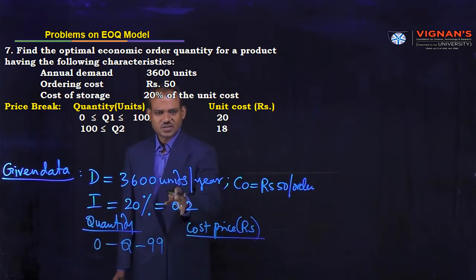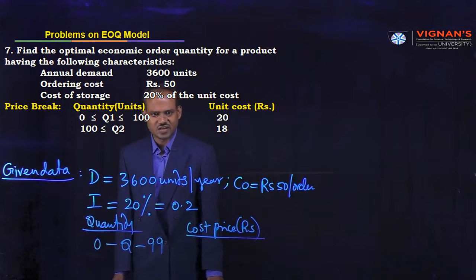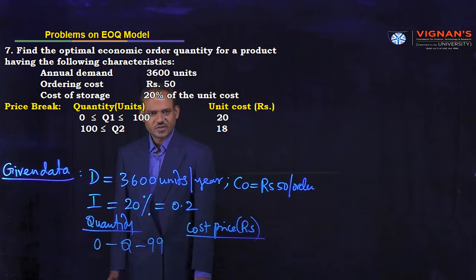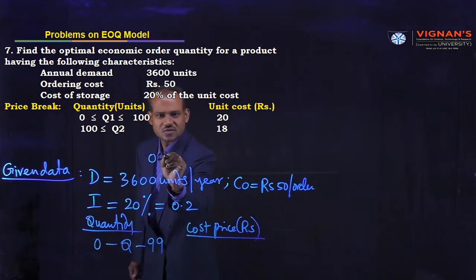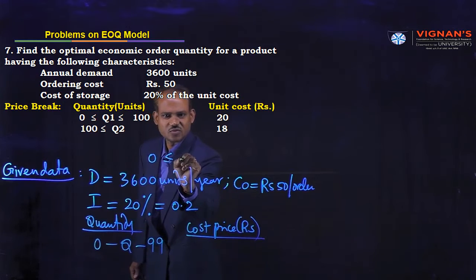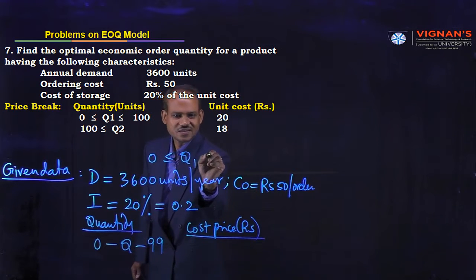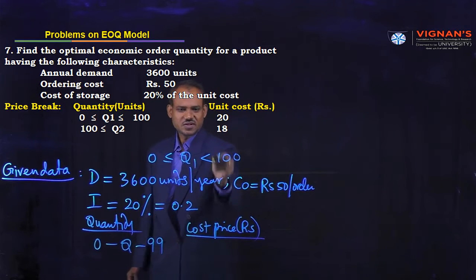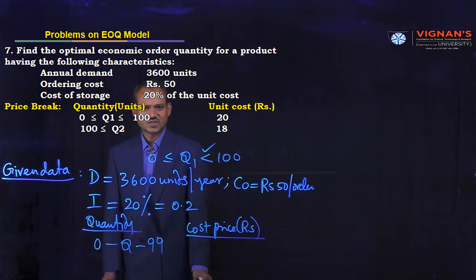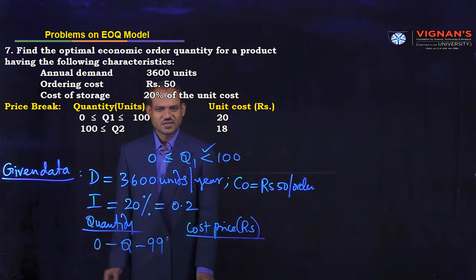That is a printing mistake. Less than 100, not less than or equal to. Okay, you can note down. Here quantity is 0 less than or equal to Q1 less than 100, not equal to. So this is the right way. There is some printing mistake.